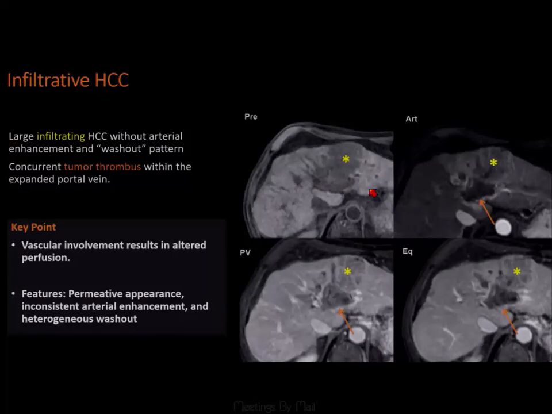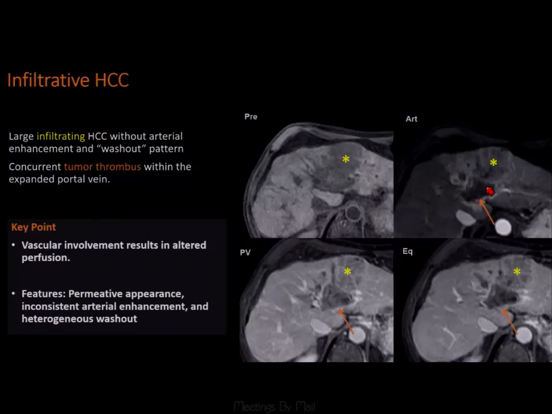Infiltrative HCC is not a subtype, but it's atypical because you don't quite see the typical enhancement pattern. And looking only at the perfusion, looking at the enhancement might be deceiving because there might be actually vascular involvement, as you see in this case with a tumor thrombus in the left portal vein, and the arterial enhancement is usually quite variable.